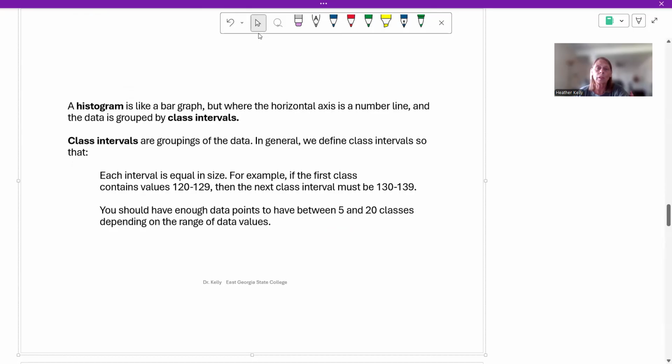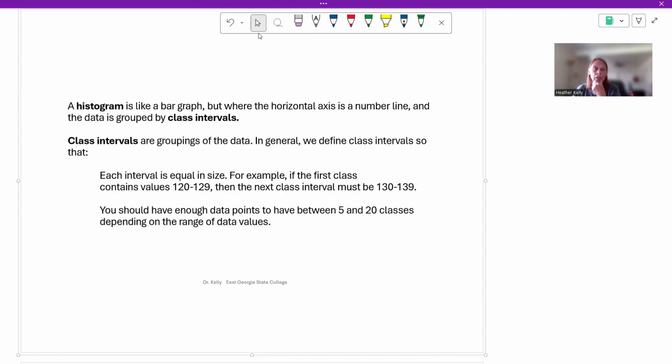Histograms, which is what you're really going to be making here, are like a bar graph, but the horizontal axis line is a number line, and the data is grouped by class intervals. Instead of each category getting its own bar, we find an interval of which a group of categories will get a bar. Each interval has to be equal in size.